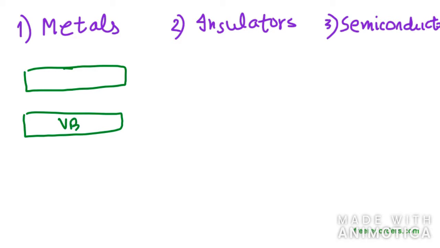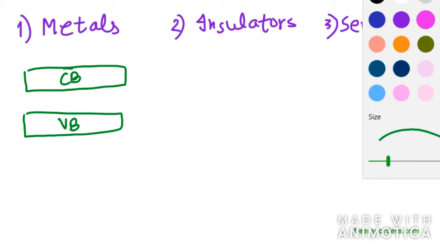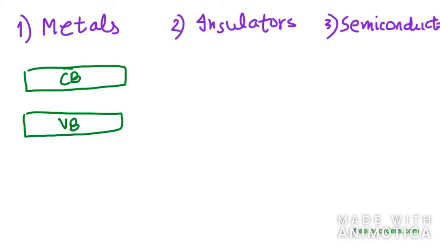This is my valence band and this is my conduction band. The valence band is completely filled in the case of metals, and sometimes the conduction band is partially filled, so both bands have some electrons in them.